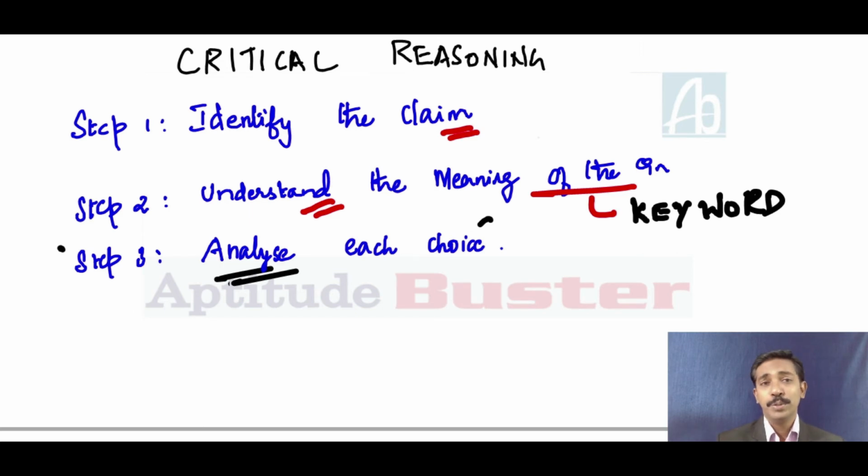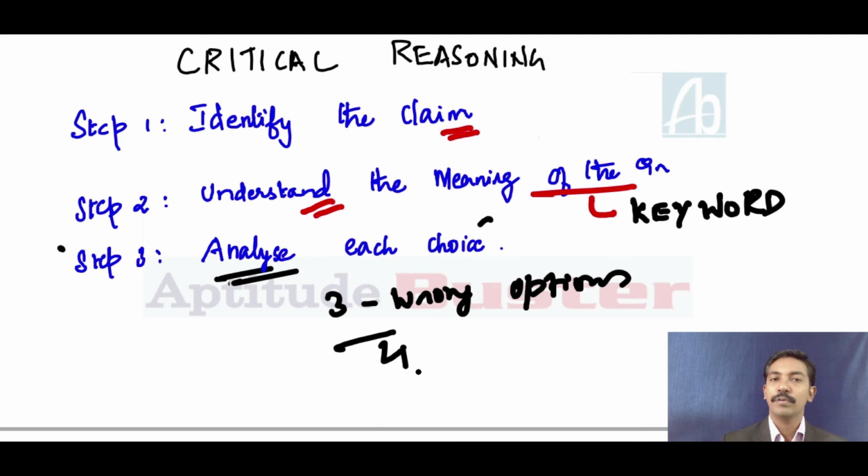So what should you do instead? Don't worry about looking for the right choice. Start analyzing each choice. What do you mean by analysis? Of the 4 options given, you should find 3 wrong options out of 4. How to find out 3 wrong options?